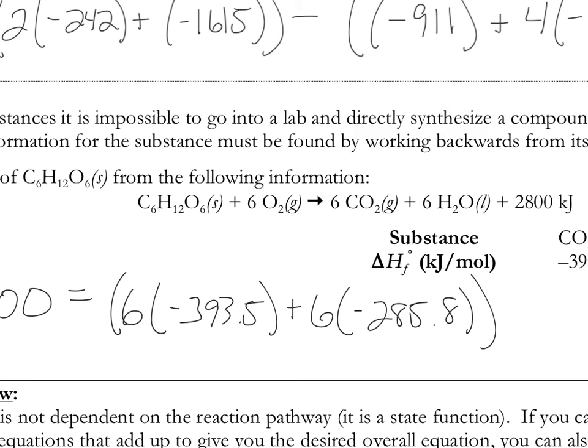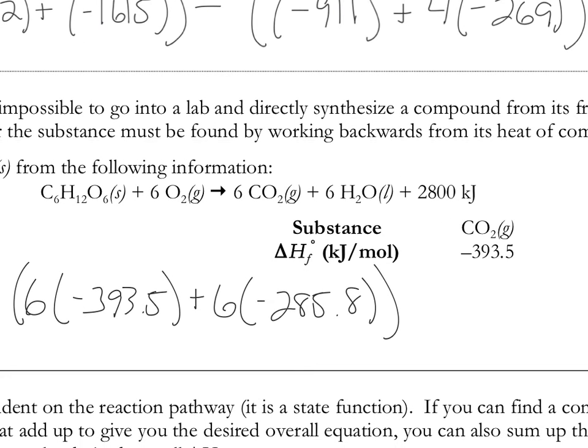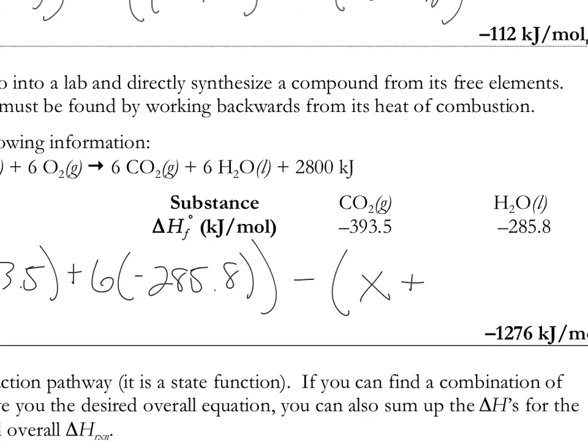and then that is minus my reactants. So minus the thing that I want, X, which there's only one of, but then we have oxygen. So we slide over, we know we have 6 oxygens, but in my table here it only gave me CO2 and H2O, and you think, well, maybe it's up in the data above, so they didn't rewrite it and it's not there, and then you're thinking, do I have to look this up in the book?